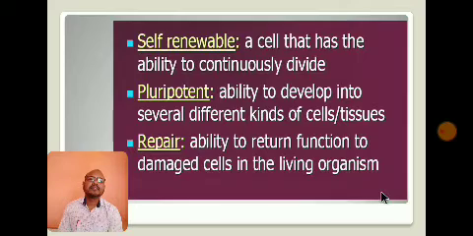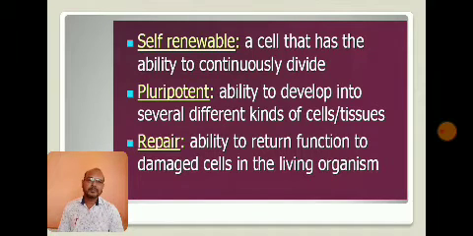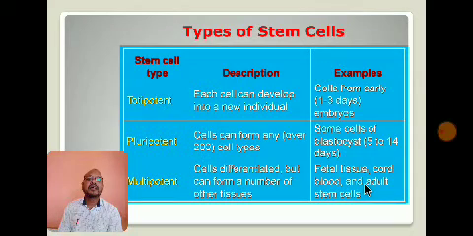So we see self-renewal, pluripotency, and repair. Self-renewal is the ability of a cell to continuously divide. A pluripotent cell has the ability to develop into several different kinds of cells as well as tissues. Then the repairing mechanism is the ability to return function to damaged cells in the living organism.